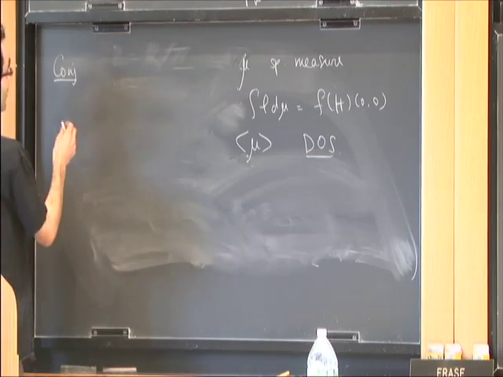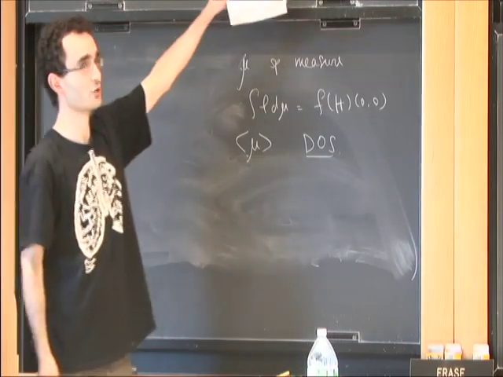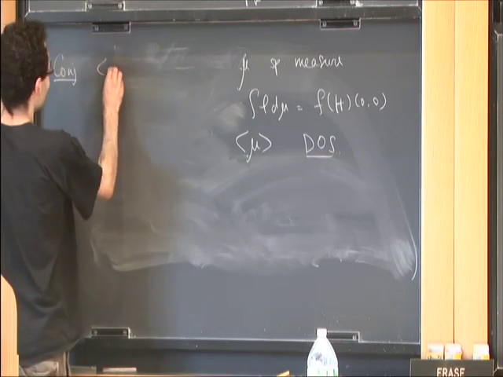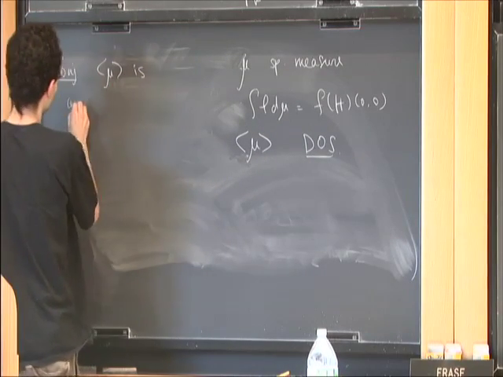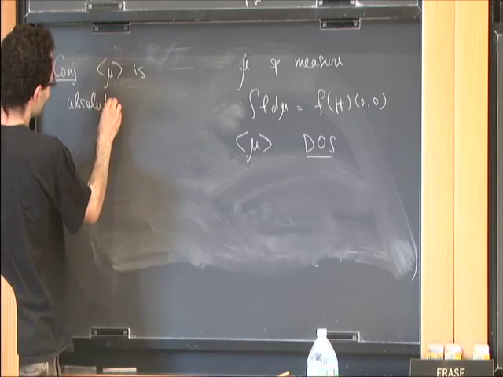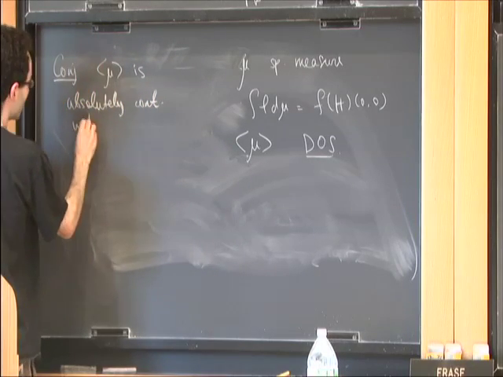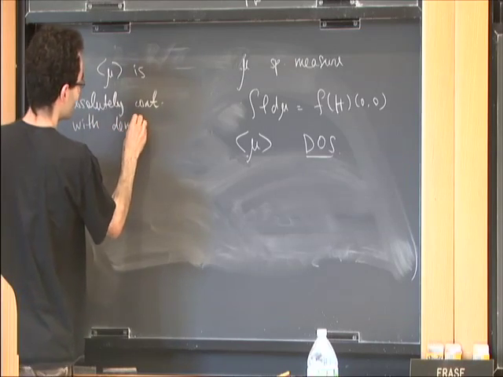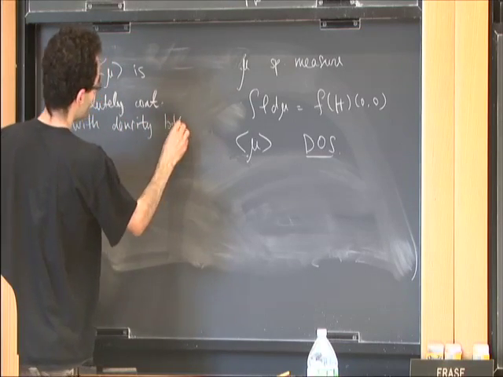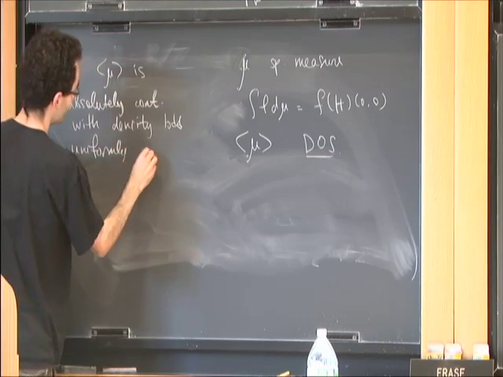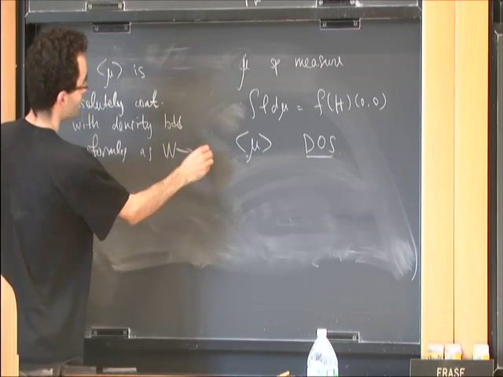And the conjecture is that under some reasonable assumptions on the entries, the density of states is absolutely continuous with a density bounded uniformly in the parameter when the parameter becomes large.